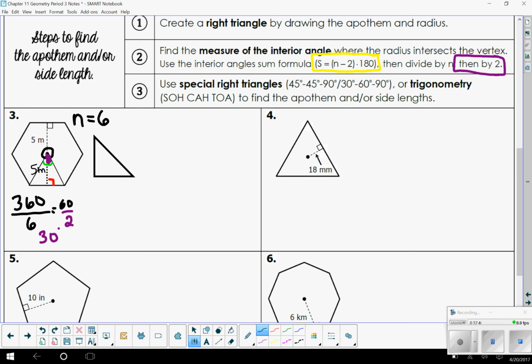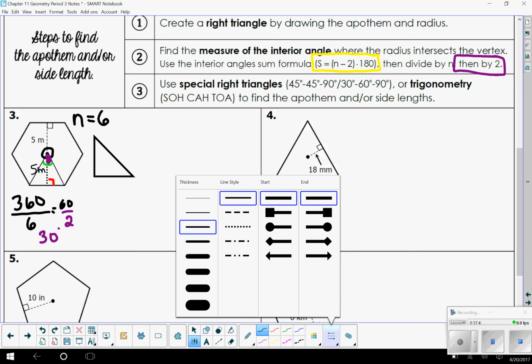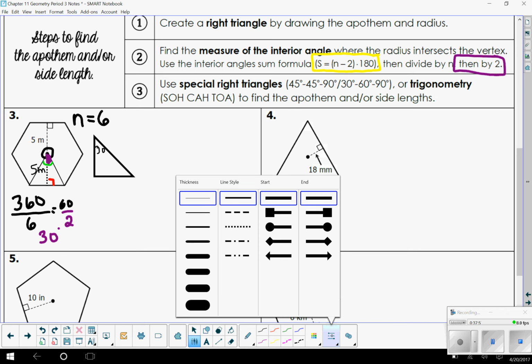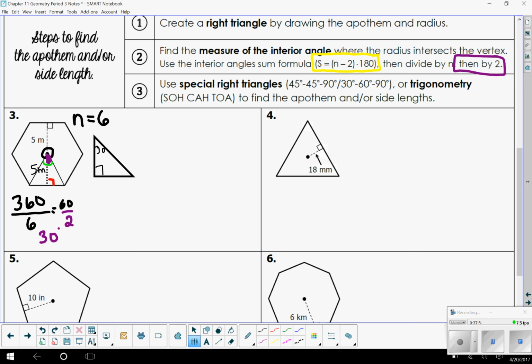You know this angle is 30, you know this is a right angle, and you know this is 5. Everybody okay with me pulling that out?